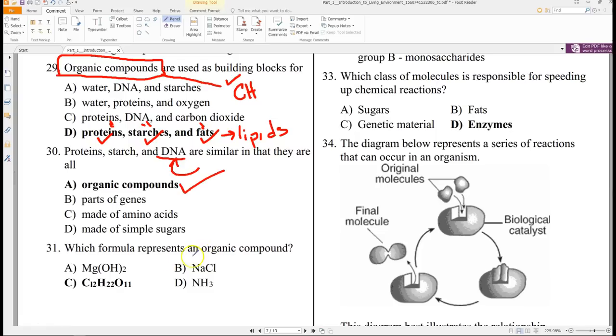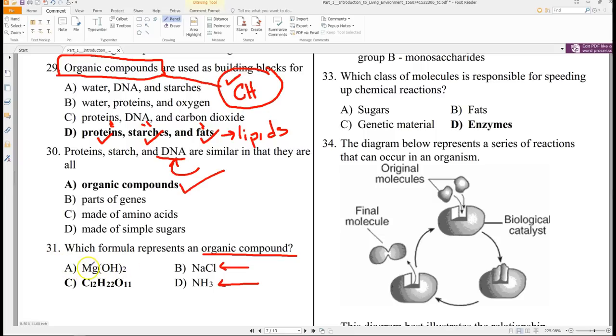Which formula represents an organic compound? Now, when you see chemical formulas, you have to go back to what I said: organic molecules have both carbon and hydrogen together at the same time in their molecular structure. Let's see.